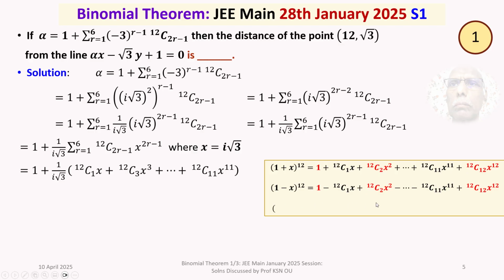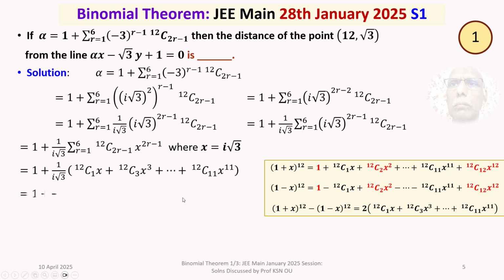So subtract. If you subtract (1 plus x) to the power of 12 minus (1 minus x) to the power of 12, then the terms 1, 12C2 x square, 12C4 x to the power of 4 cancel out and you are left with 2 times of 12C1 x plus 12C3 x cube plus so on and so forth plus 12C11 x to the power of 11. So that is precisely this one.